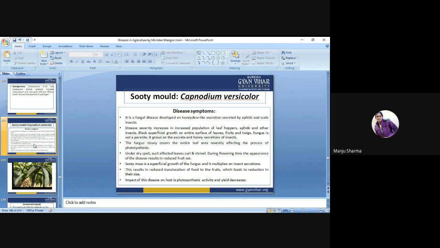The fungus slowly covers the entire leaf area, severely affecting the process of photosynthesis. Under dry spell, such affected leaves curl and shrivel.